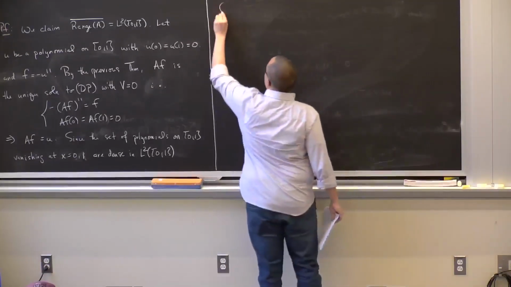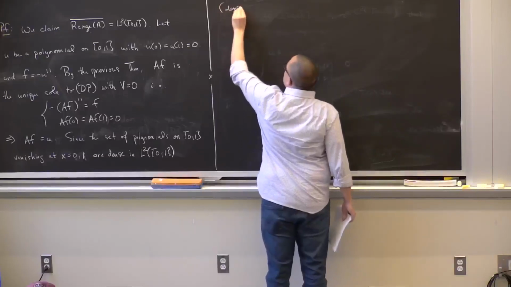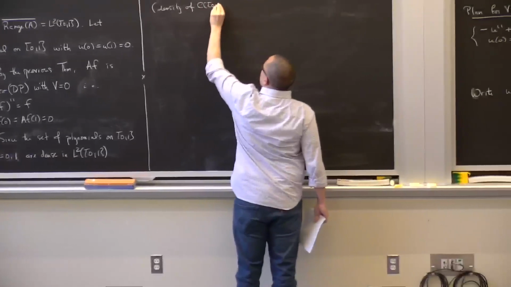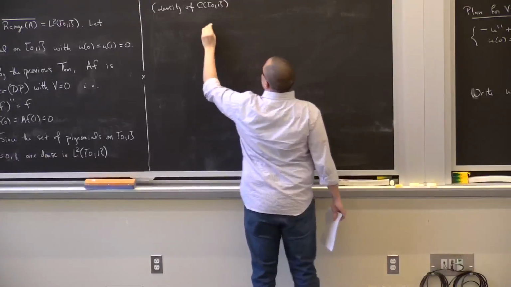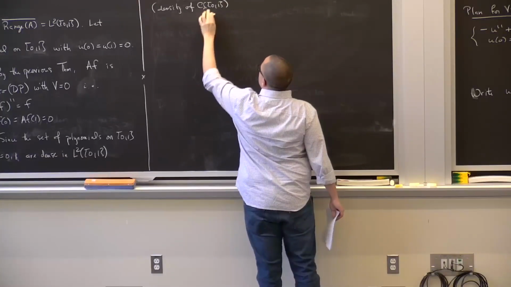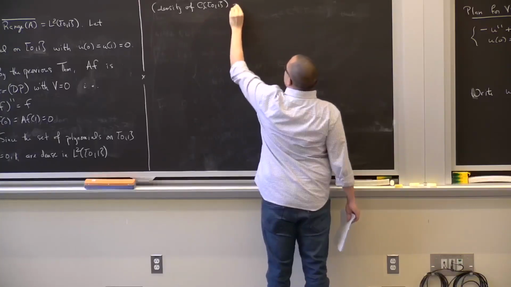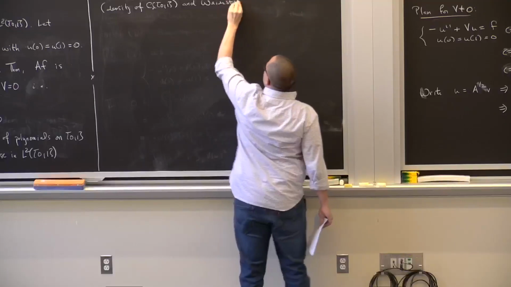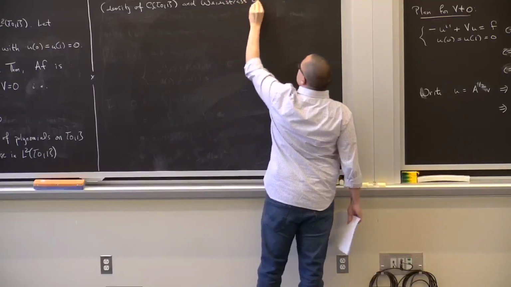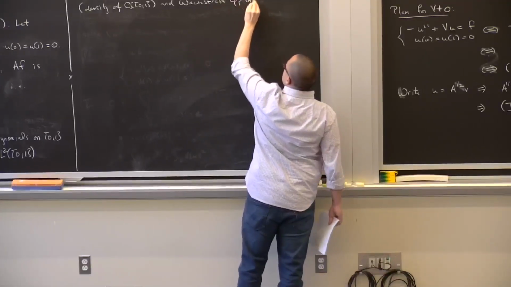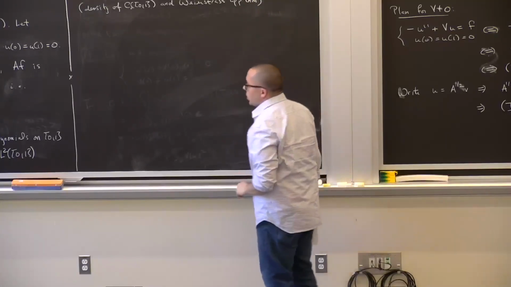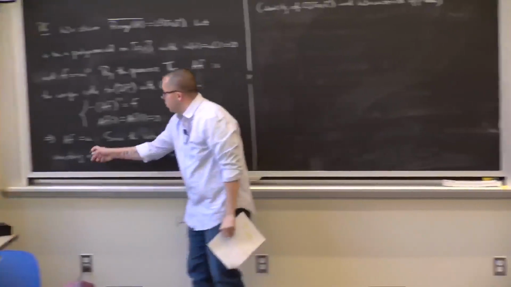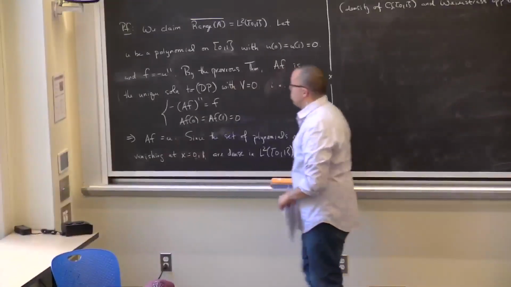So I will just say here that this follows from, like I said, density of continuous functions on 0, 1, and I'll put a 0 here, meaning it's 0 at the two endpoints, and the Weierstrass approximation theorem. Okay, so we've been able to solve for every u that's dense in L2, right?